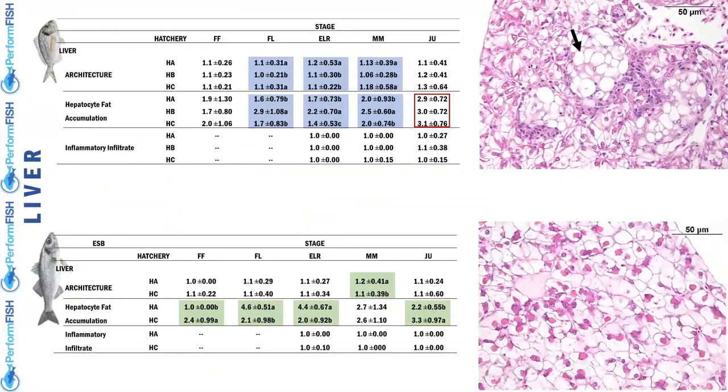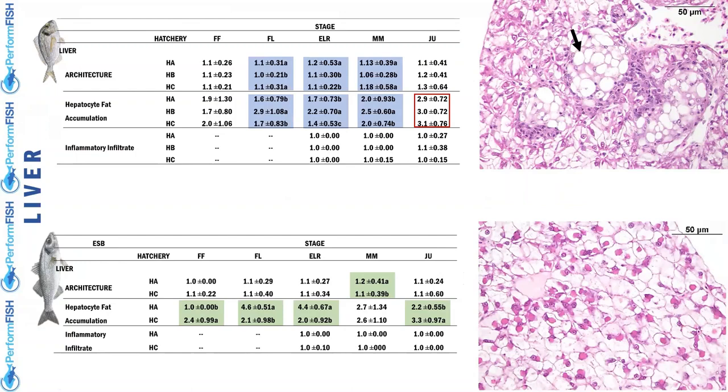As for the liver, the only aspect worthy of attention is always the hepatocyte fat accumulation. In the image this aspect is shown, both in gilthead sea bream and European sea bass. There are some statistical differences between hatcheries, but not particularly interesting.